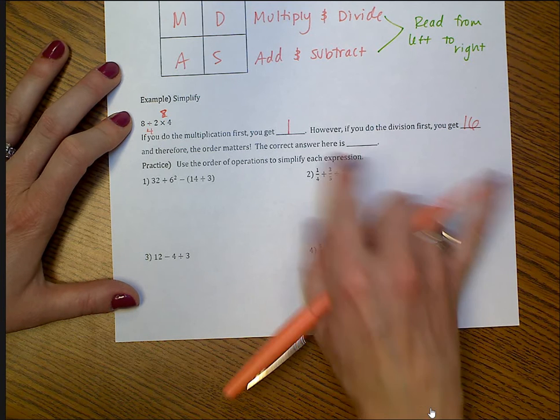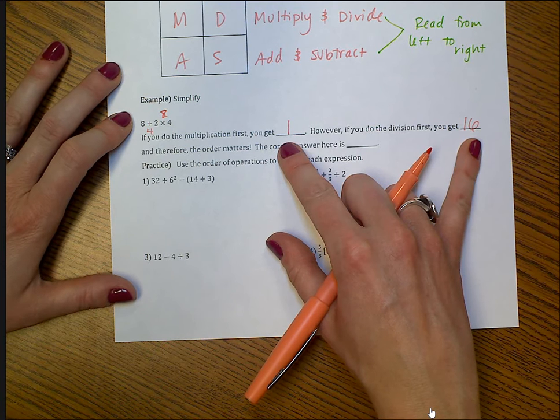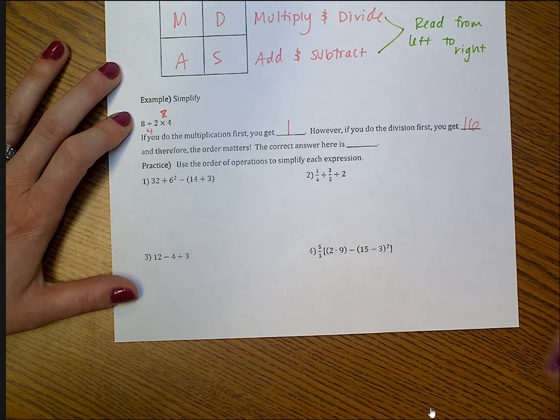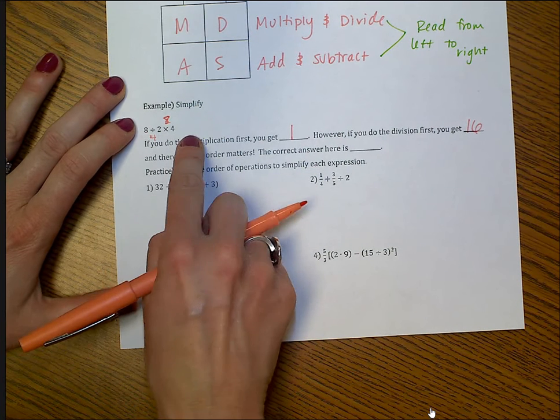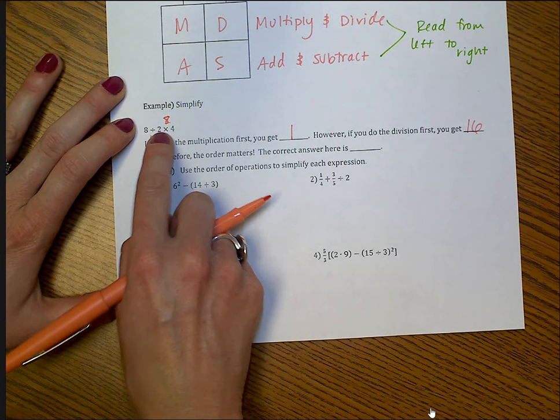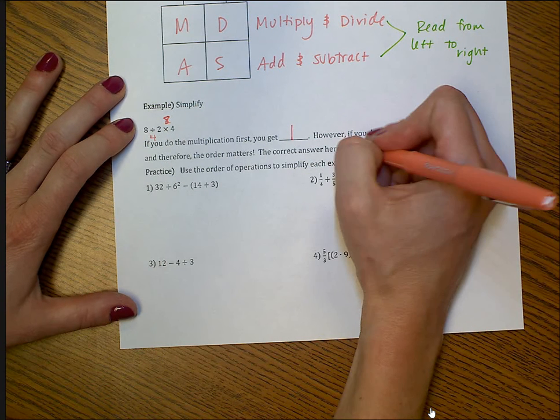Those answers are so far off, so prime example why we need the order of operations, they bring us all together and get us the same answer. And the correct answer is doing multiplication and division together, reading it from left to right. You see the division problem first as you read it, so that's what you have to do first. So the correct answer is 16.